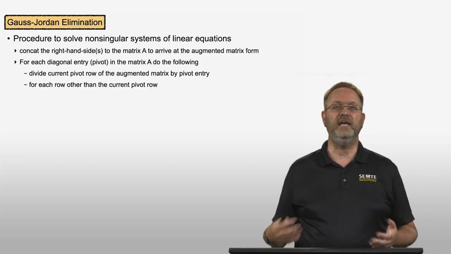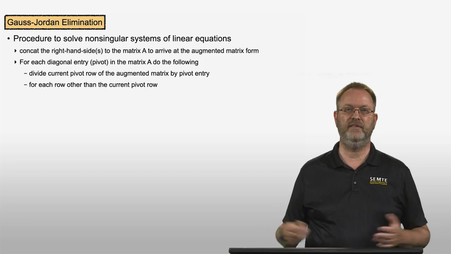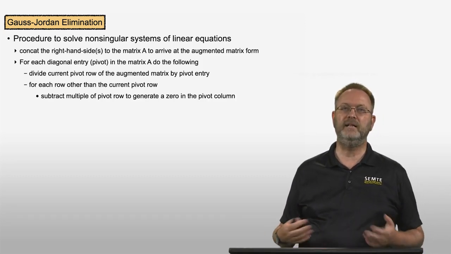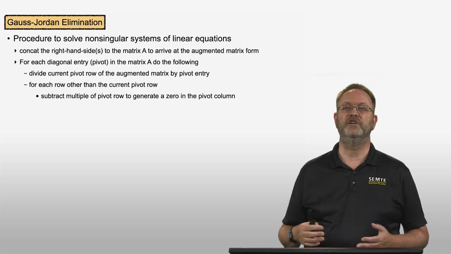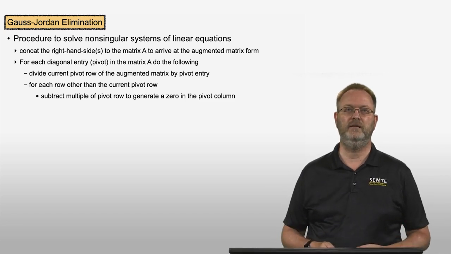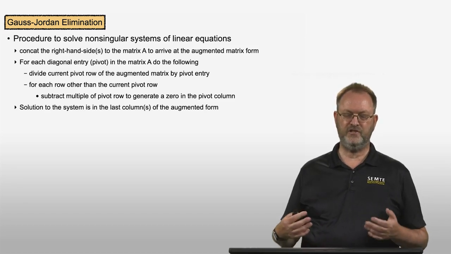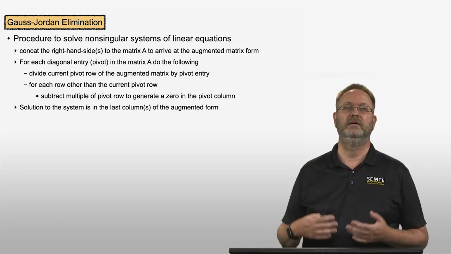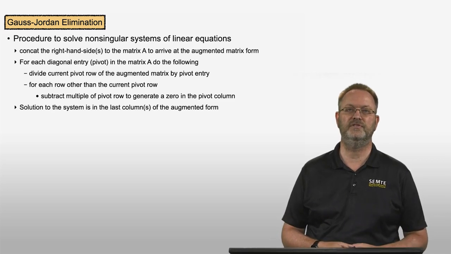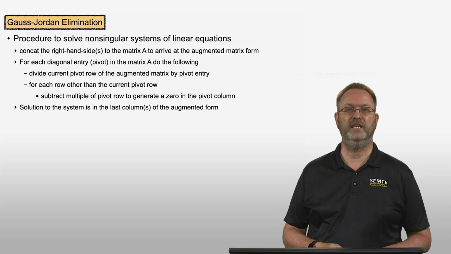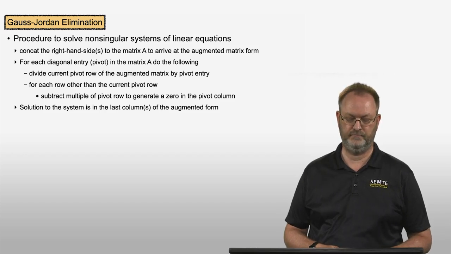And then for each row other than the current pivot row that we're working on, we will subtract a multiple of the pivot row to generate a 0 in the pivot column. And after we've done this for each pivot, we will then have the solution to the system in the last column or columns of the augmented matrix.